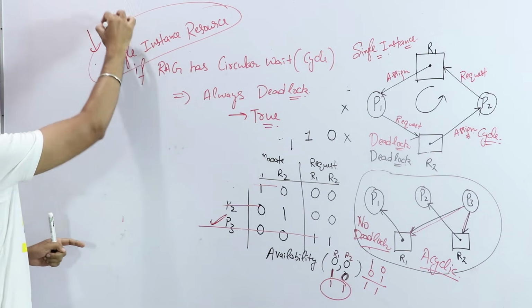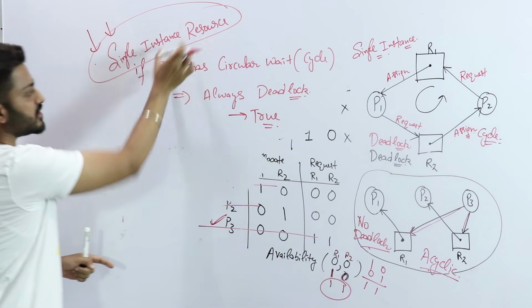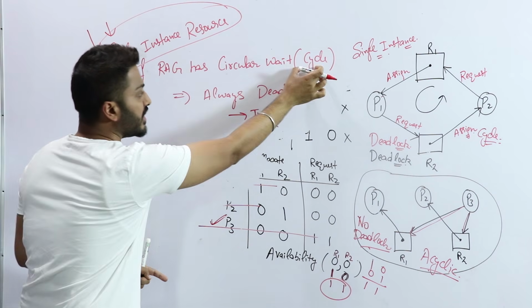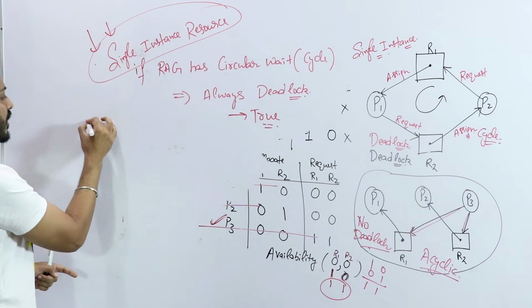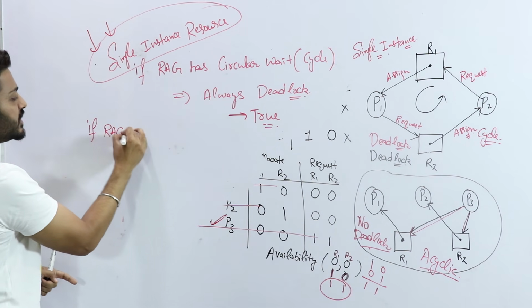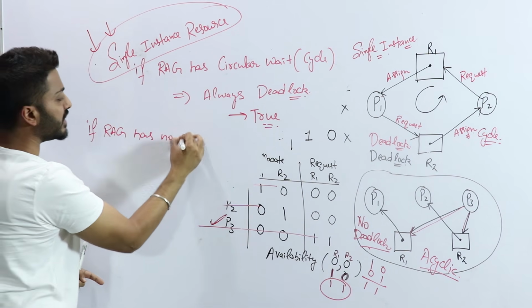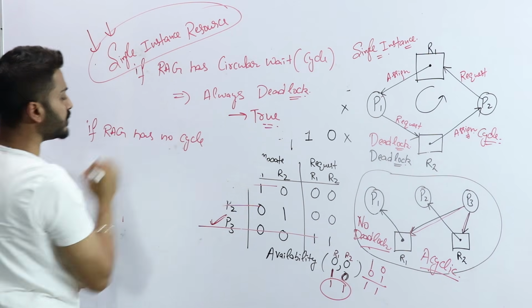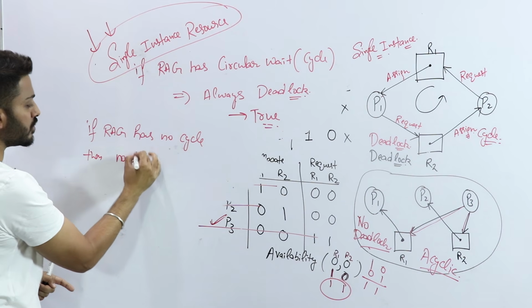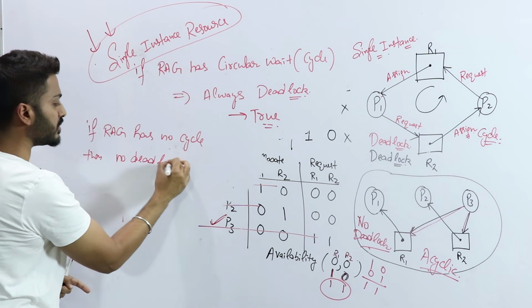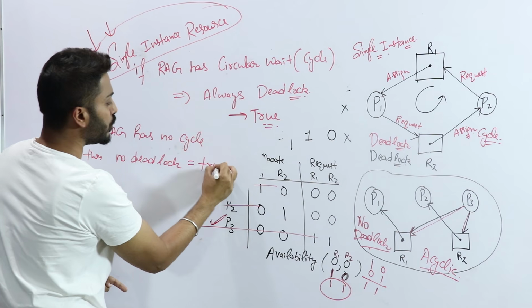I am talking about the single instance only. In the single instance, if the RAG has a cycle, then there will always be a deadlock. True. And if the RAG has no cycle, then no deadlock. Yes, this is also true.